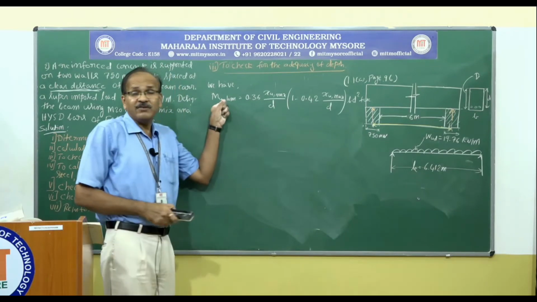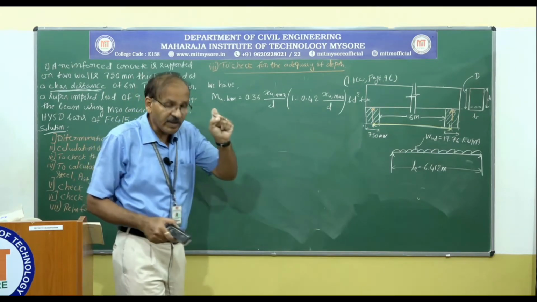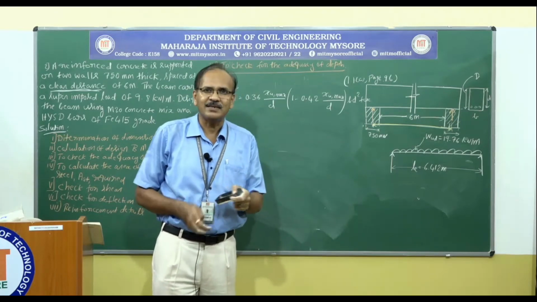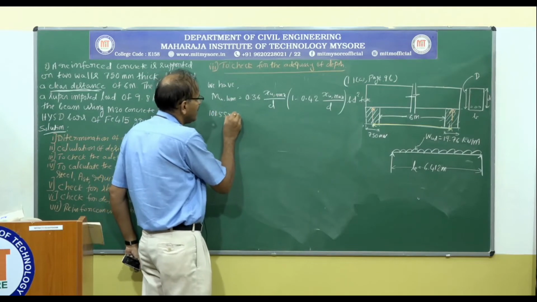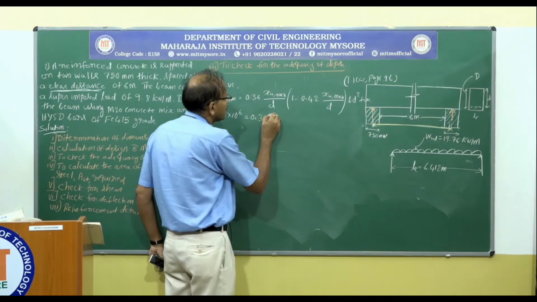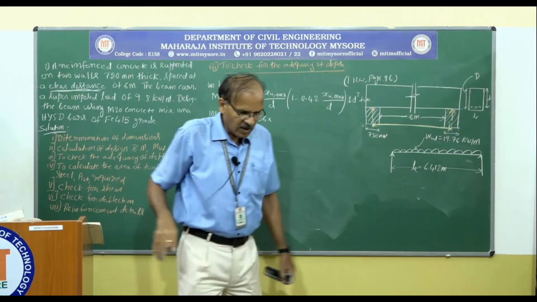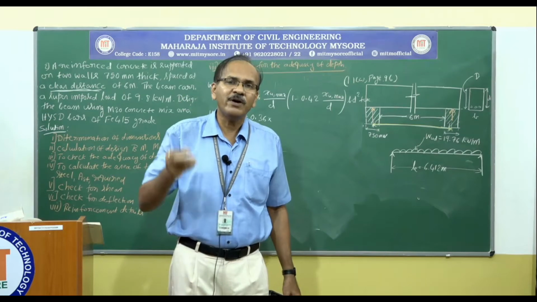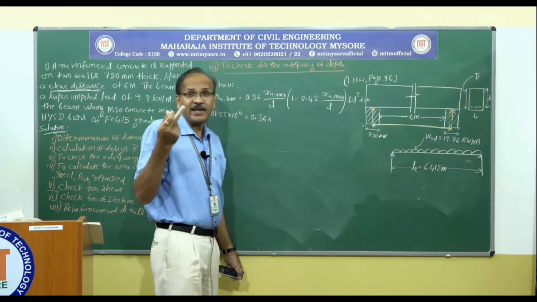So for MU limit value, we are going to substitute the value of MUD we just now calculated. That is 101.55 into 10 to the power of 6 equal to 0.36. If you remember, XU max by D for Fe 415 steel, what is the value? That is 0.48 from page number 70.